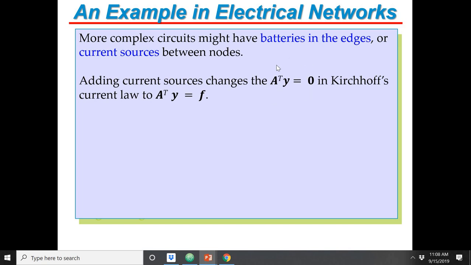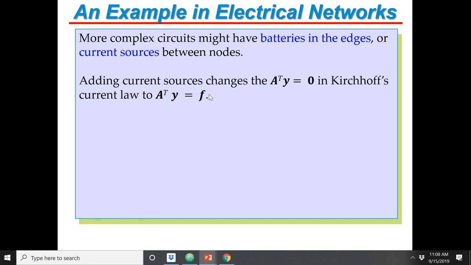So remember, Kirchhoff's law for the currents basically says the net current in every node is equal to 0. So what we're going to do is, rather than taking it equal to 0, we're going to assume that it is equal to f, where you can think of f as being an external source of currents in each node. I mean, if this was a structural problem, right, and the edges were trusses or beams, you can think that f corresponds to the external forces in every node.